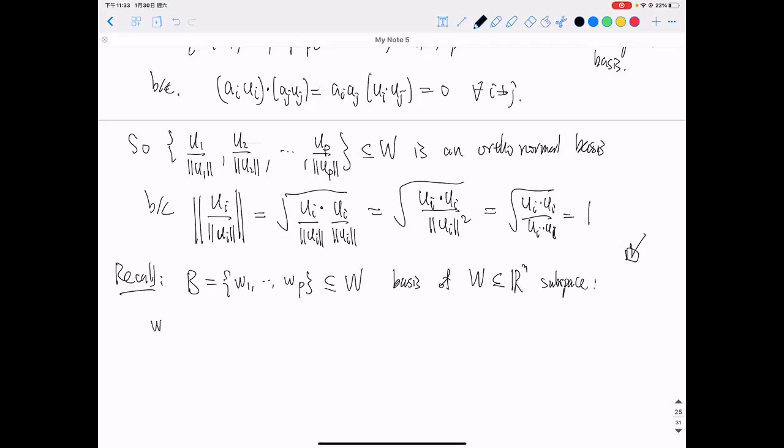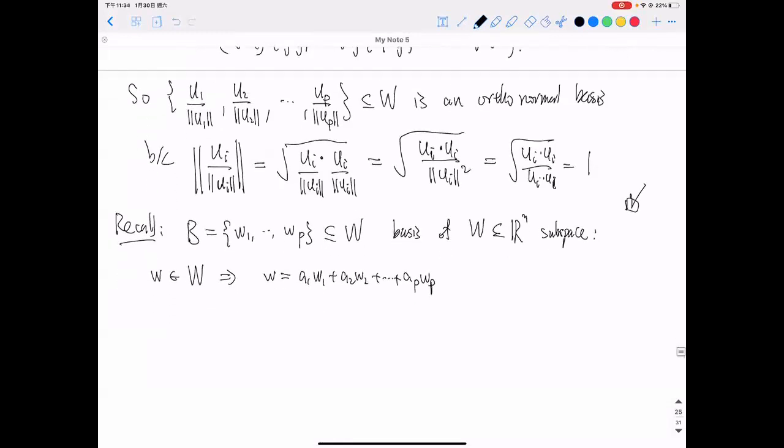And every time we have a vector W in W, we can write it as a linear combination of the basis vectors A1 W1, A2 W2, AP WP.